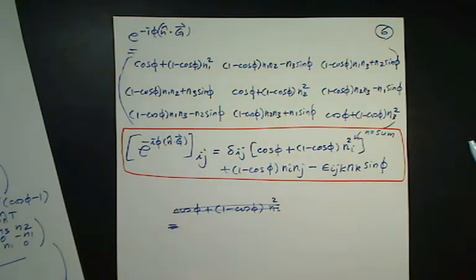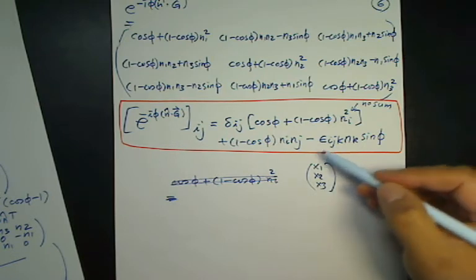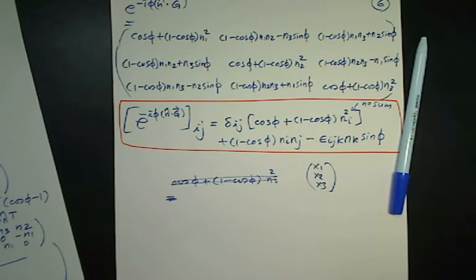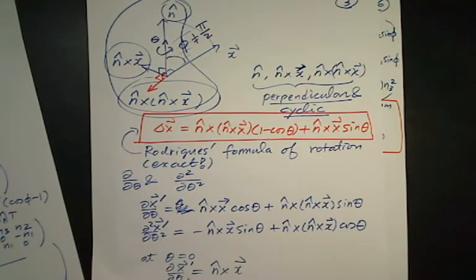And if you multiply the column vector x1, x2, x3 to here, then you will find this Rodrigues formula for finite rotation.